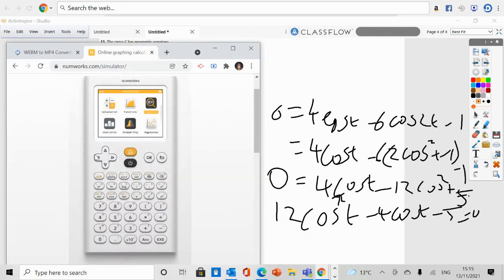Go to the home menu, calculations. If we do everything in there, so we do shift inverse cosine of 5/6, which is 33.55 degrees.